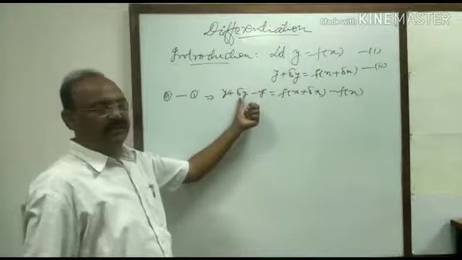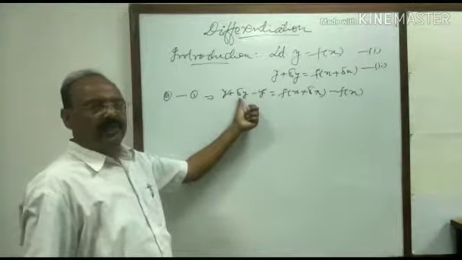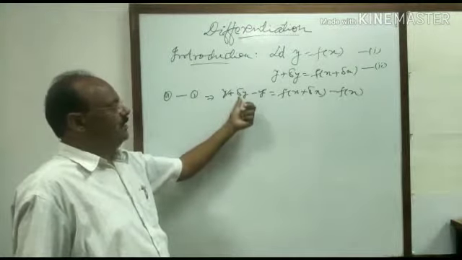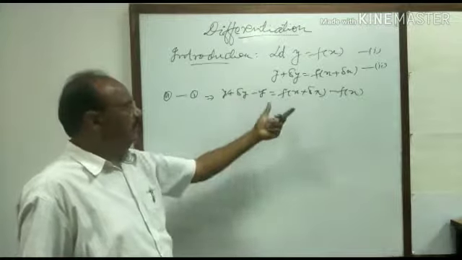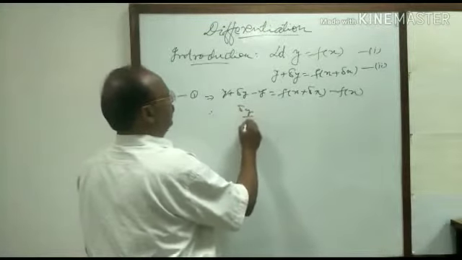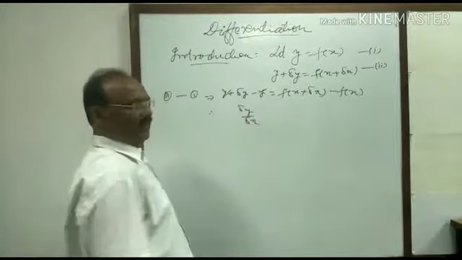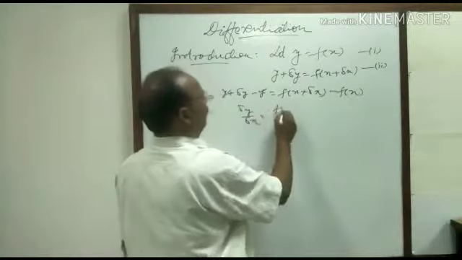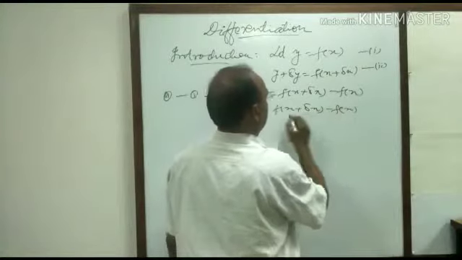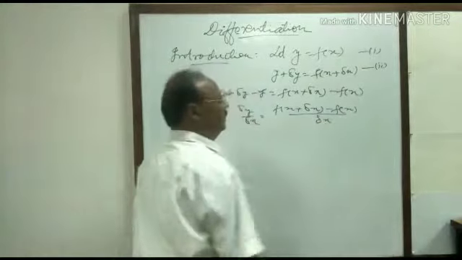So delta y is the change in y and we have to find the rate of change. Means we will divide delta y by delta x. So therefore, dividing both sides by delta x, we are getting f(x plus delta x) minus f(x) divided by delta x.